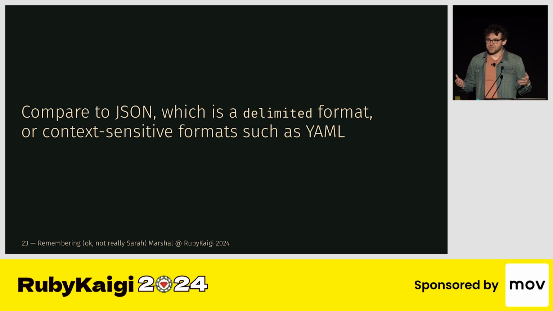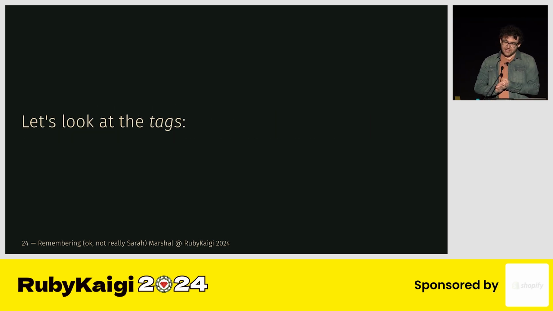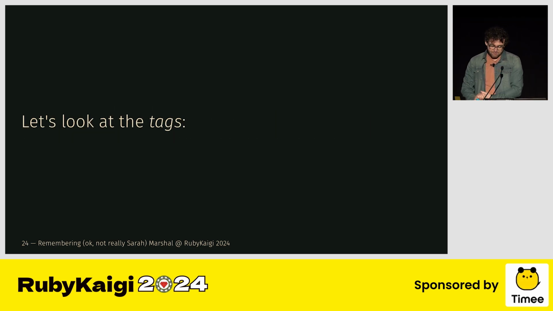There's JSON, which is like a delimited format. You have opening braces and closing braces and quotes around things, things like commas. You also have context-sensitive formats such as YAML, where where you are in the document changes how you interpret it. Things like how far indented are you? So, okay, tag length value.